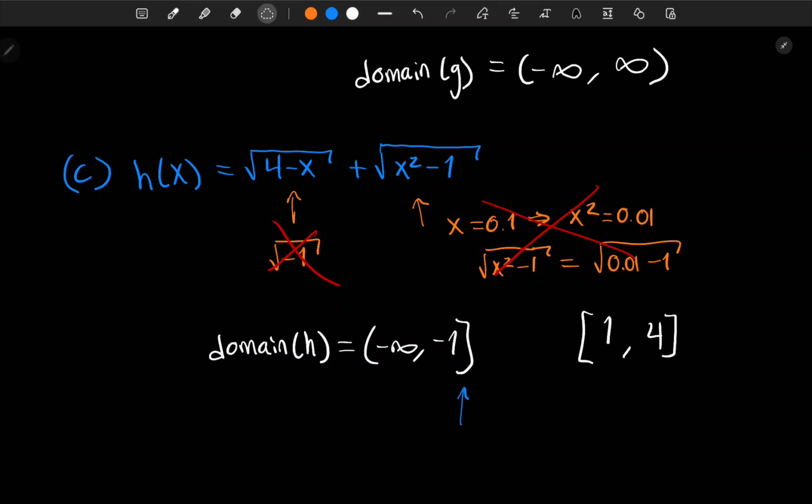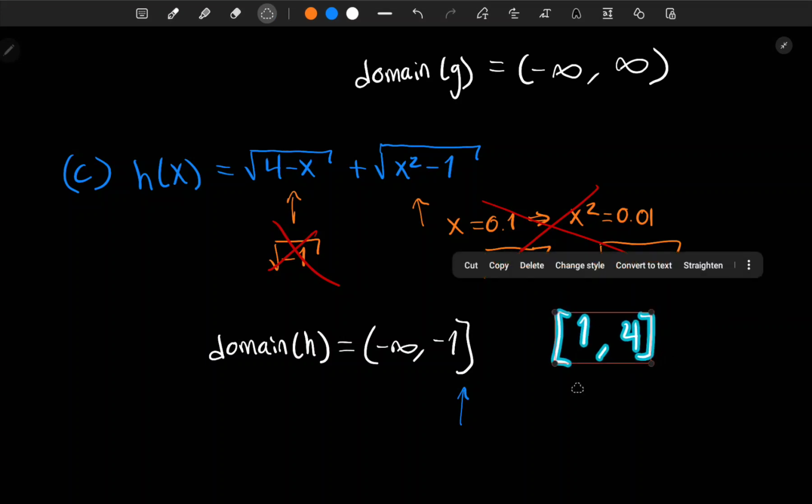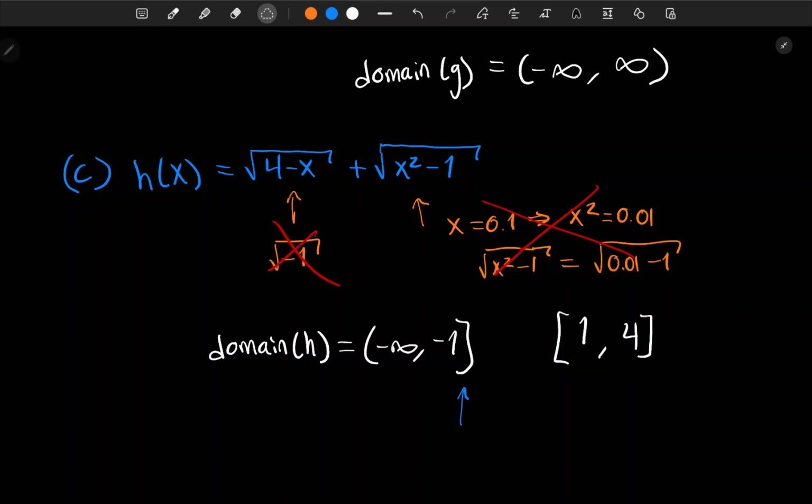But none of the values between negative 1 and 1 are allowed. If you choose any of them, then the second term becomes imaginary, and we're not allowing that. So the union of these two intervals is the entire domain of h.